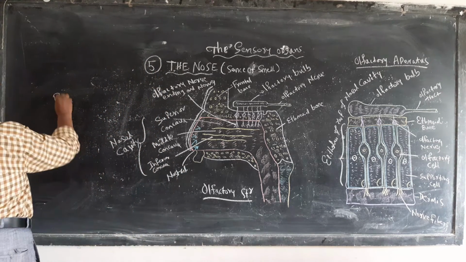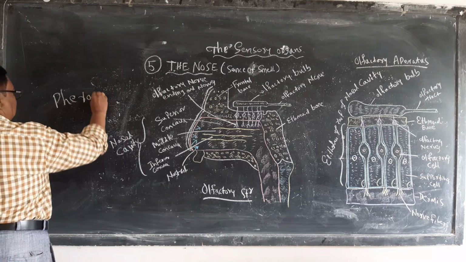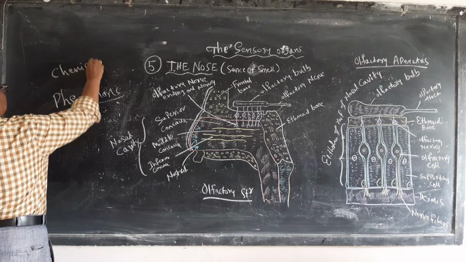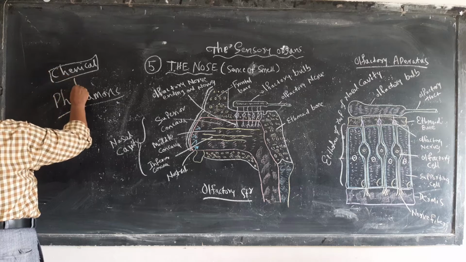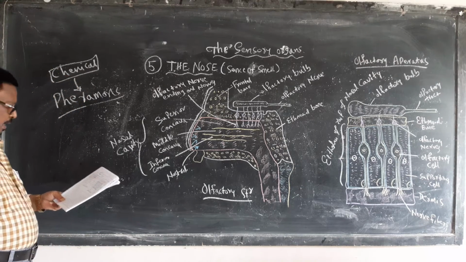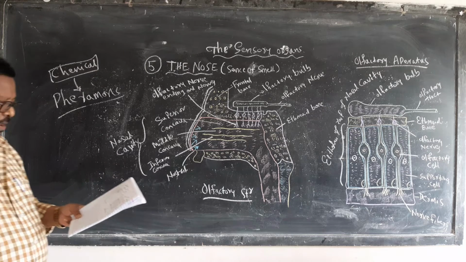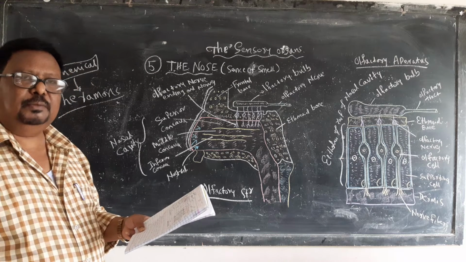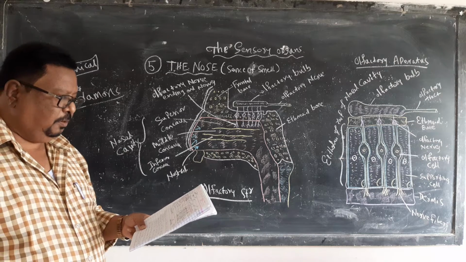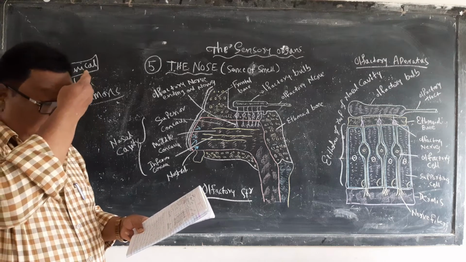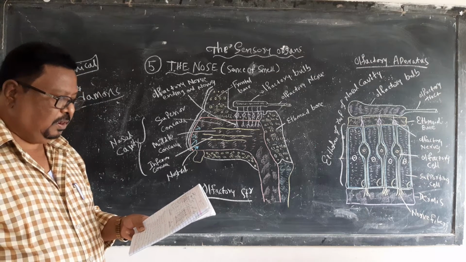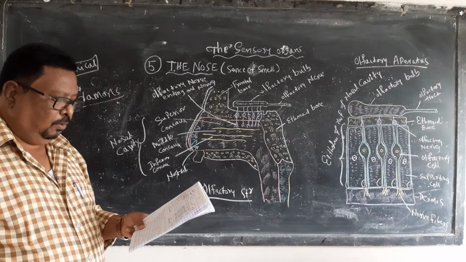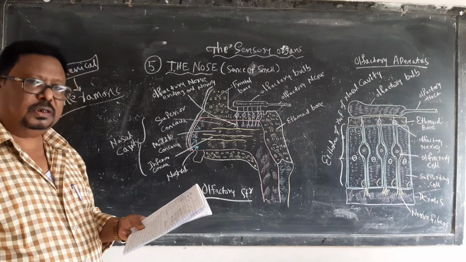Pheromones, P-H-E, are chemicals secreted by some animals, which play an important part in communication, for example, mating and bonding mothers and their newborns.